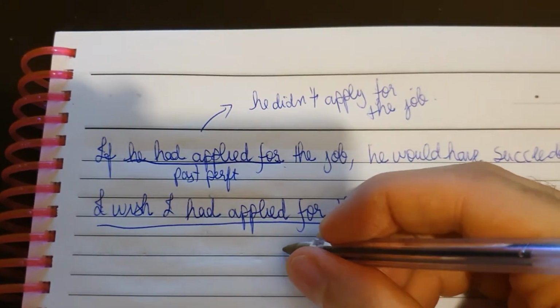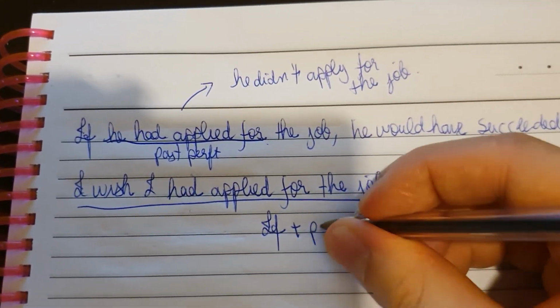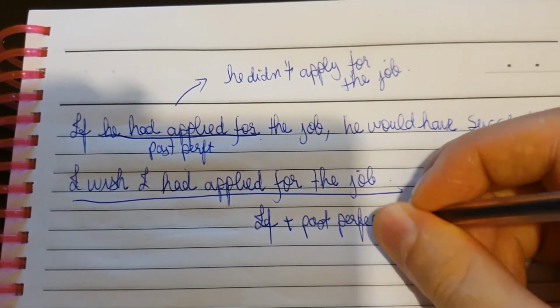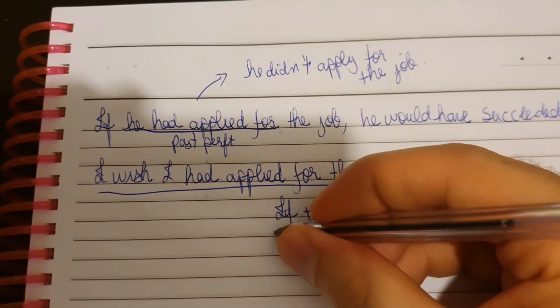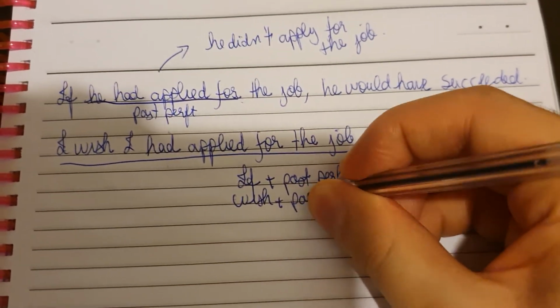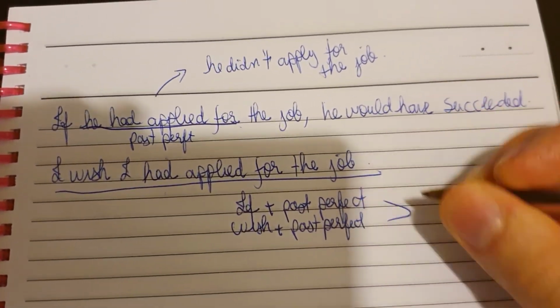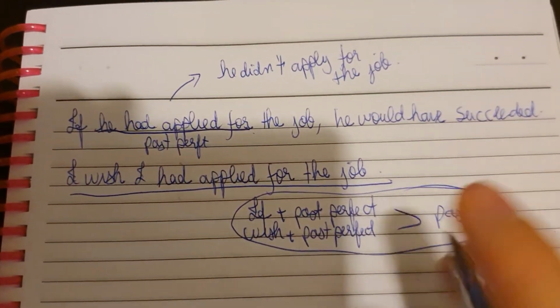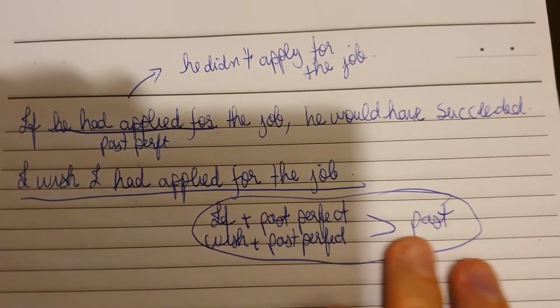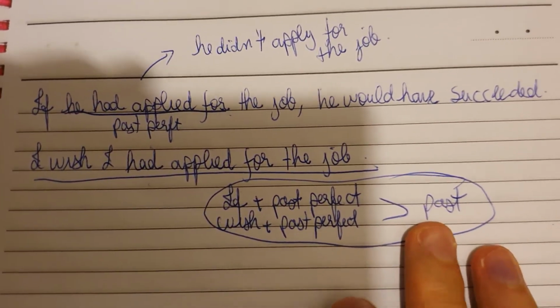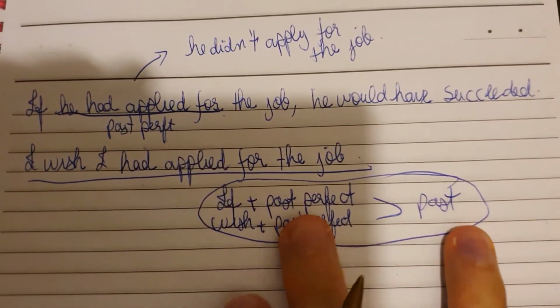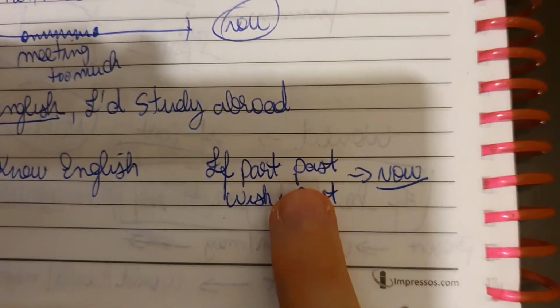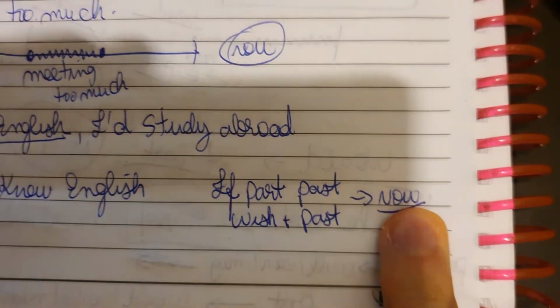So summarizing, when we have if plus past perfect, and when I have wish plus past perfect, it refers to a past situation, okay? So it's the same thing. You will get used to it. It's not difficult. It's just a matter of practice, okay? So this past situation and this current situation, okay?